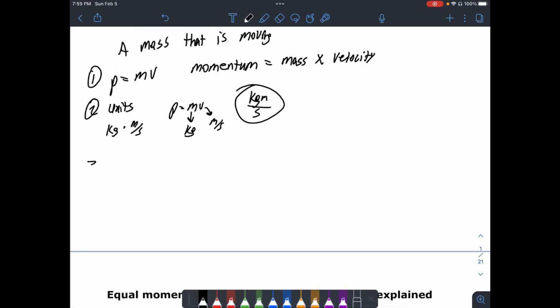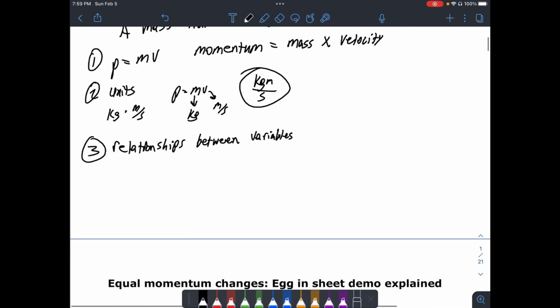All right, and we might revisit this unit in a second, but the third thing that we want to talk about is our relationships between our variables. So because we have P equals mv, if we want to increase our momentum, if we want to increase P, we can increase M or V. So we can make M larger or V larger, and that's going to make P larger, or we're going to have more momentum.